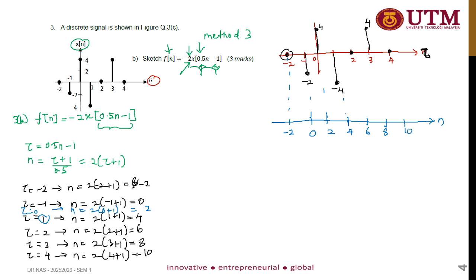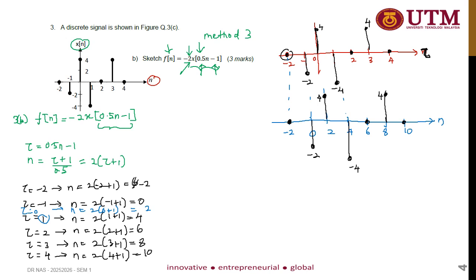Again, redraw the same magnitude on the new n axis. So it's 0 here, and then here it's minus 2, and then you have 4 here, and then you have minus 4, and then you have 0, and you have 4 here again.